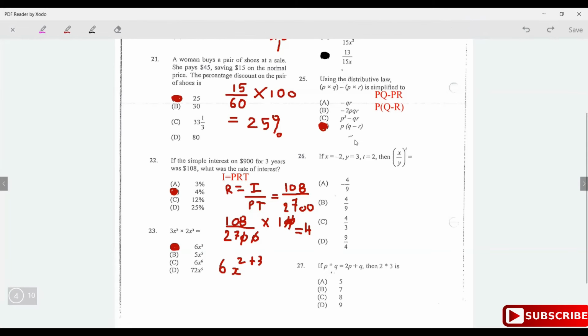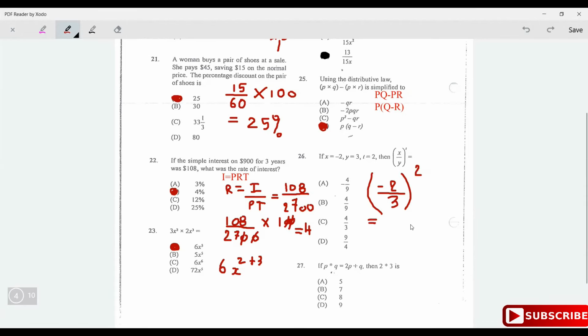All right. Question 26. X is -2, Y is 3, T is 2. X over Y raised to the T. X is -2 over Y, Y is 3, so -2 over 3 raised to the second power. Anything raised to the second power means it is being squared.